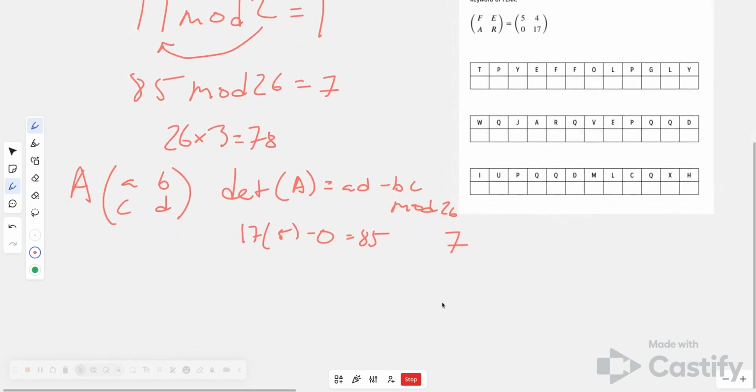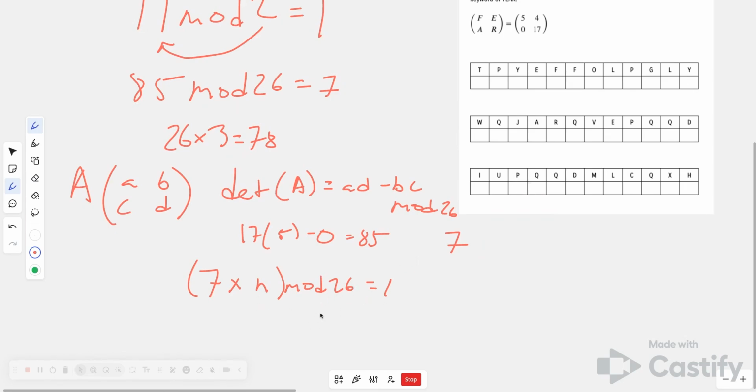And then you're going to need to know the multiplicative inverse for this. It sounds complicated, but basically you find a number multiplied by 7, so 7 times some number, mod 26 gives you 1. That's the formula when you're dealing with mods and inverses.